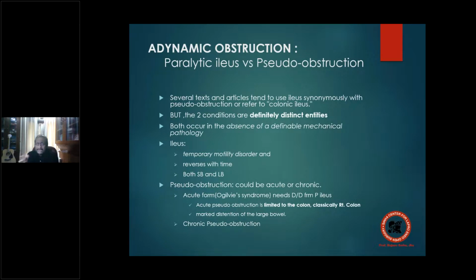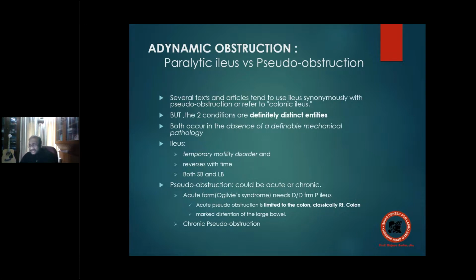But paralytic ileus, as we know, is temporary, reverses with time, and can occur both in small bowel and large bowel, as opposed to a pseudo-obstruction in the large bowel, which could be acute or chronic. The acute form is Ogilvie's syndrome. The differentiation from paralytic ileus: here it is limited to the colon, classically the right side of the colon.